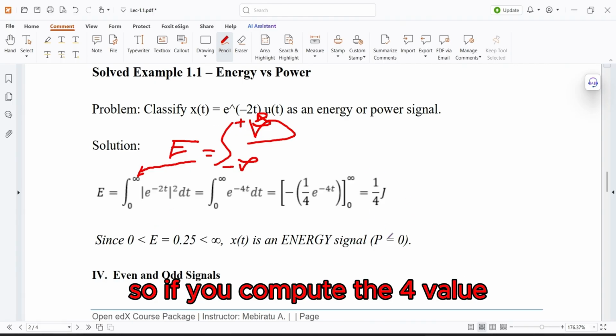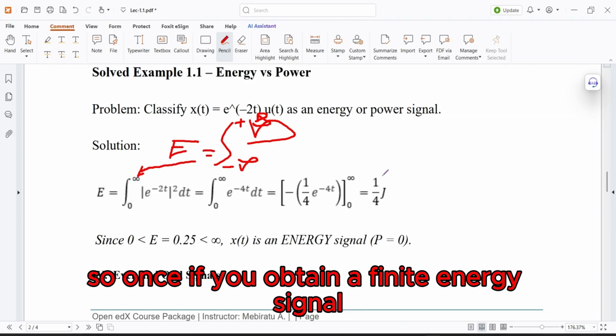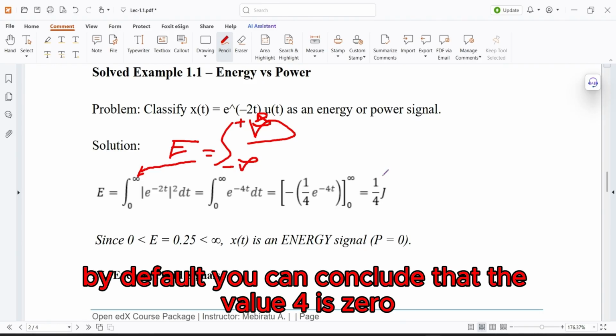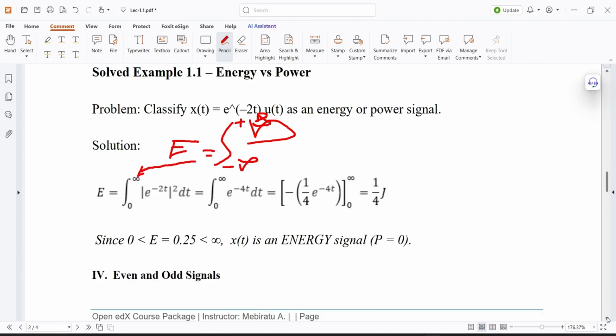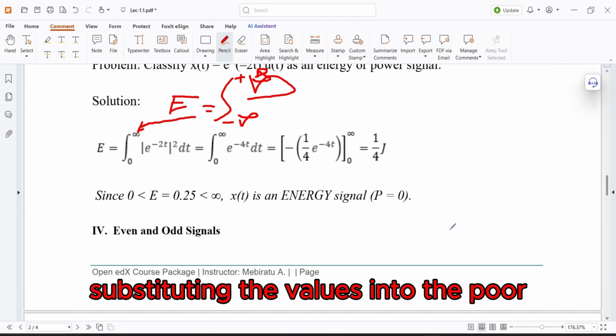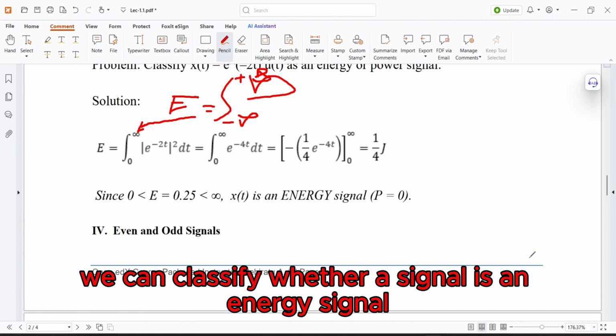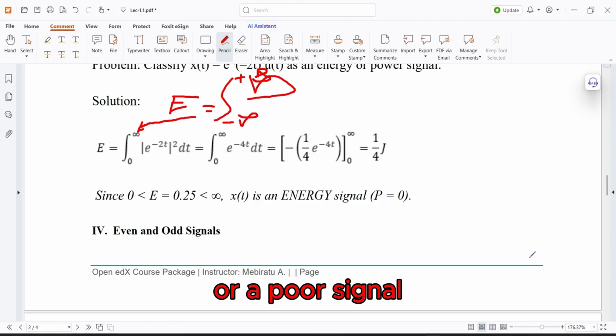If you compute the power value, it will be 0 by default. Once you obtain a finite energy, by default you can conclude that the value of power is 0. You can prove it by substituting the values into the power integration formula. In this way, we can classify whether a signal is an energy signal or a power signal.